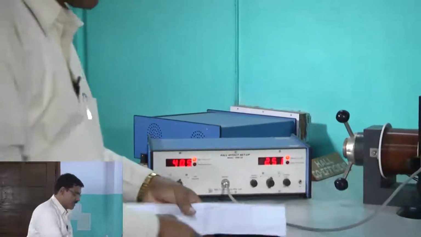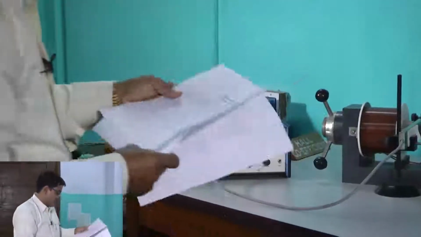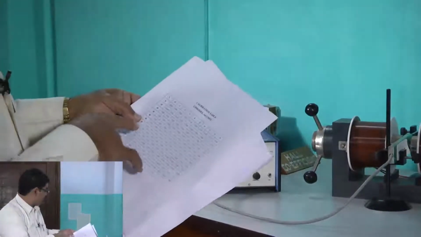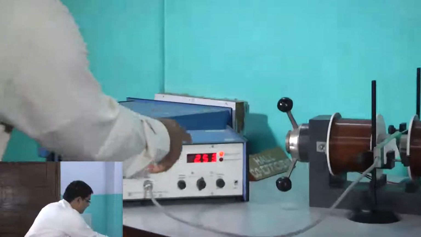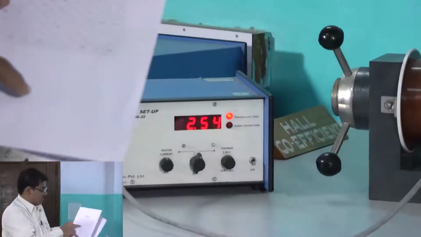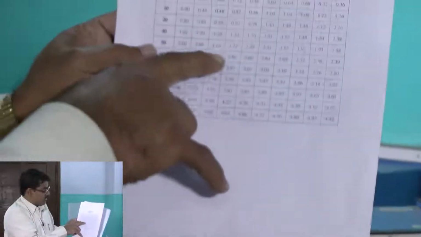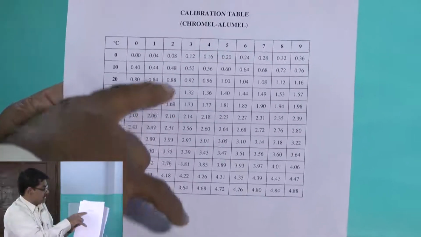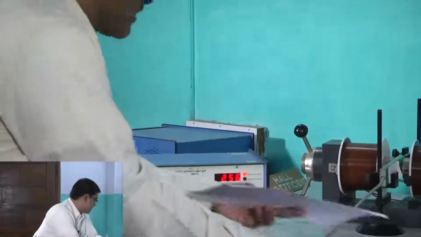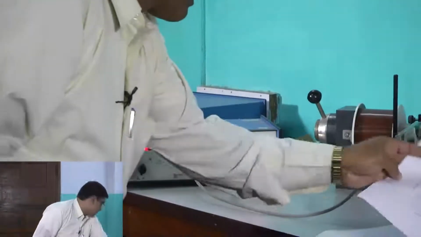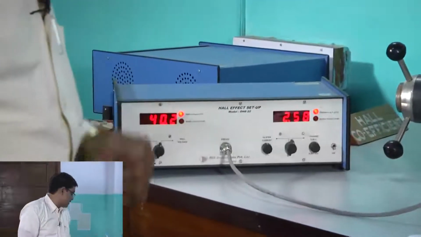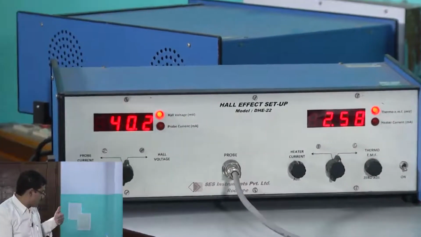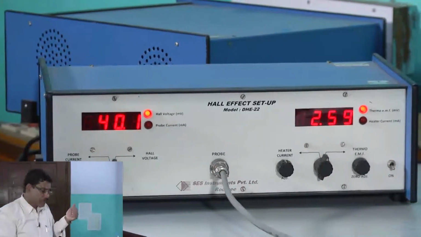Now, what is the temperature? The thermo EMF is 2.53. Here you can check 2.51, temperature is 62, and this Hall coefficient is 40.2. What was the initial value?